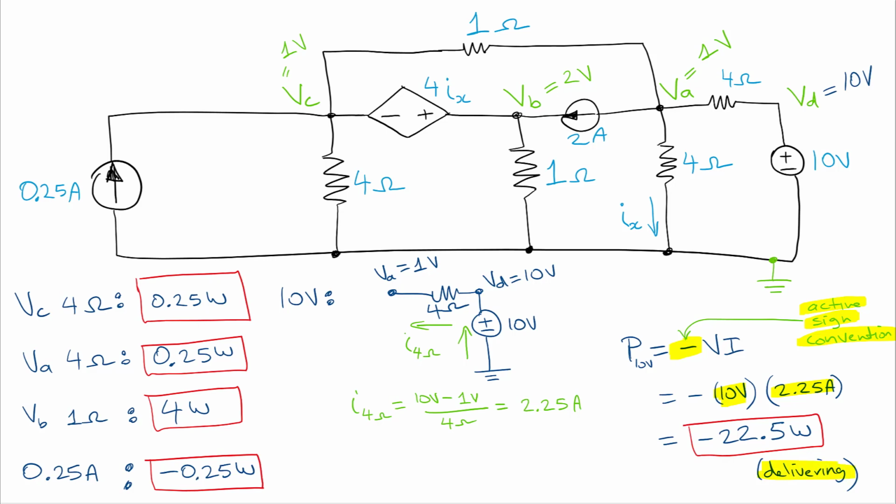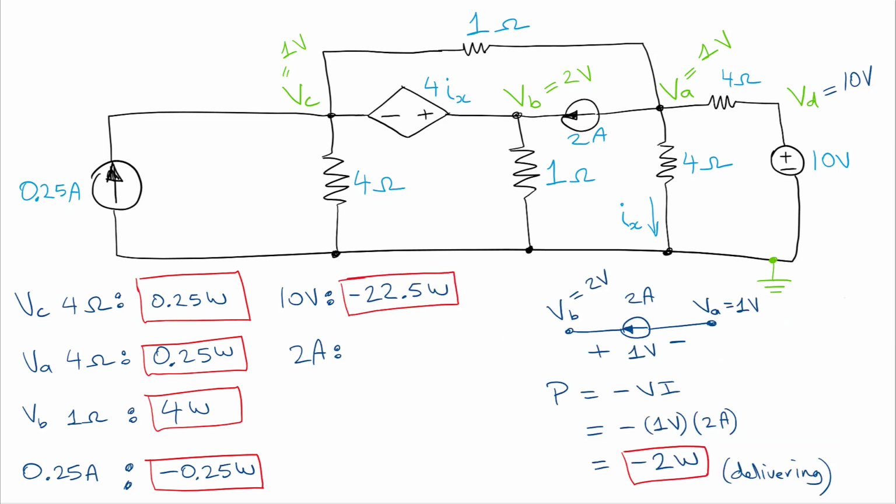Okay, and that's delivering. So this 10 volt source is supplying power to this circuit. Okay, so we're getting closer, and so now let us do the 2 amp source.